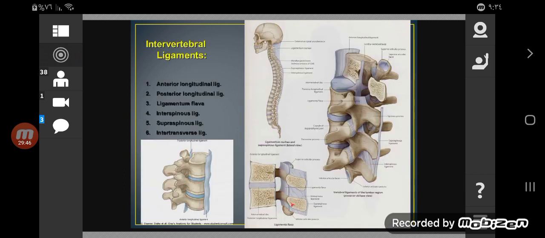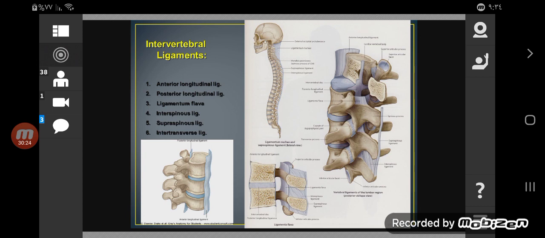All right. And ligamentum flavum. Ligamentum flavum connects two adjacent laminae. In these pictures you can see ligamentum flavum; the laminae of two adjacent vertebrae are connected together by ligamentum flavum.